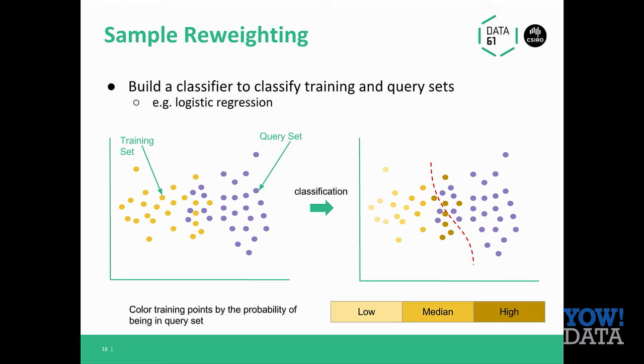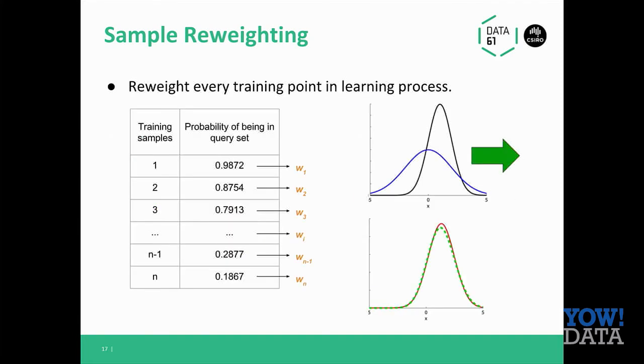It's obvious that this light yellow is far away from the query set, right? And we got some dark yellow points in the middle. They got a high probability of being inside the query set. You can see they almost mixed with the purple points there. So with this probability of being inside the query set, for every training sample, we can reweight our training points in the learning process.